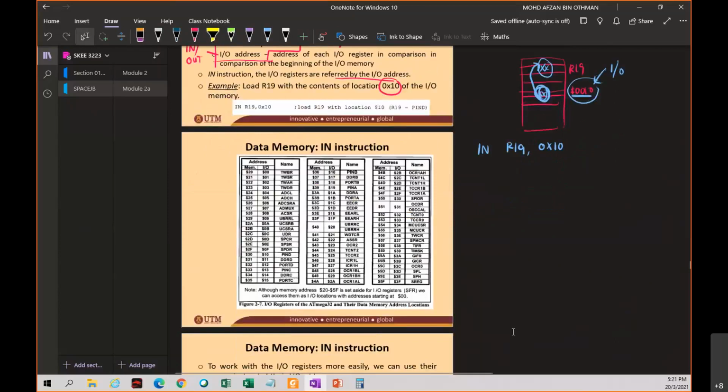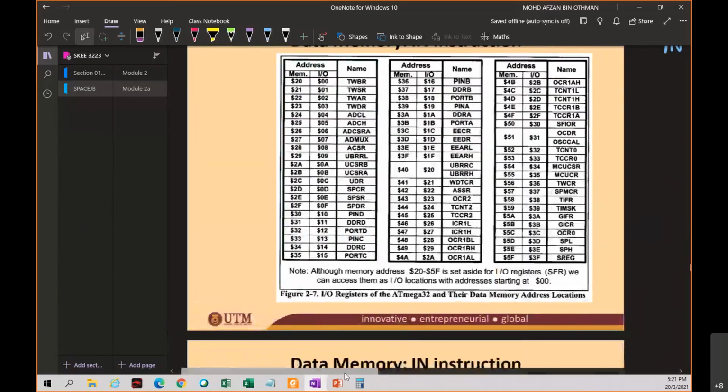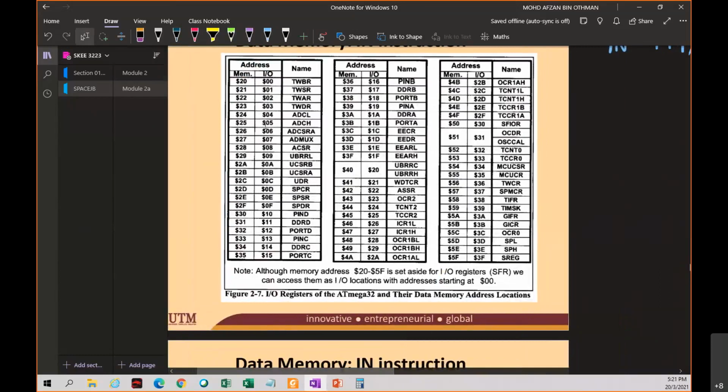Okay, saya besarkan sikit bagi nampak. I zoom in. Okay, as I mentioned earlier, untuk IO kamu ada total 64 IO. Daripada 64 IO ni dia ada dua address, satu IO address, satu lagi memory address.